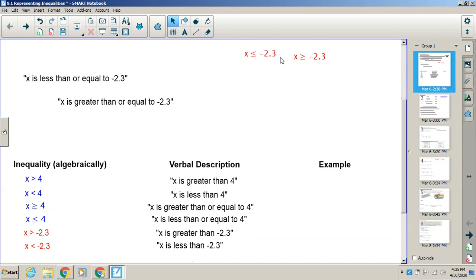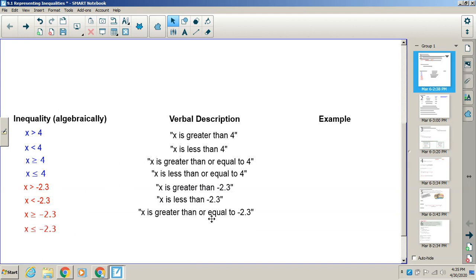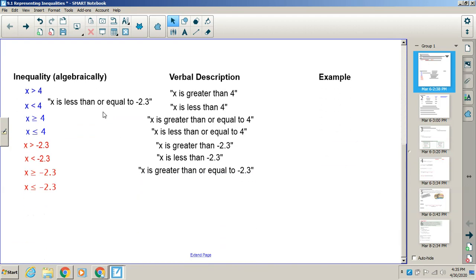And I can finish this off taking this one and this one. This one is x is greater than or equal to -2.3. X is less than or equal to -2.3. So those would be the verbal descriptions, and these are inequality statements right here on the left-hand side.